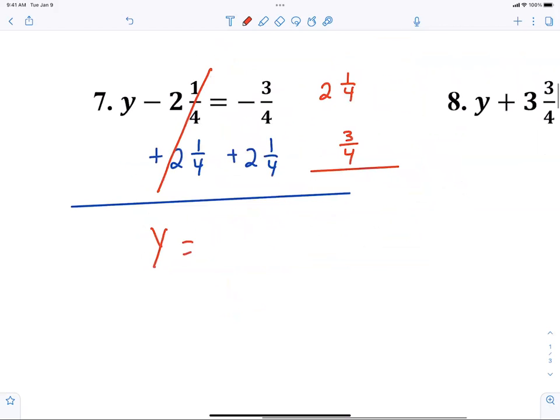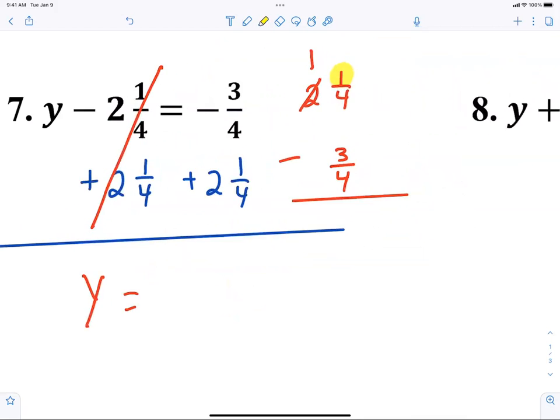So now I'm over here going 2 1/4 minus 3/4. Can I do 1/4 minus 3/4? No, we had to what? We had to borrow from the 2. We make that a 1. Now, the hard part was not really hard because we've done it so much, is the 1 there now becomes a 5.